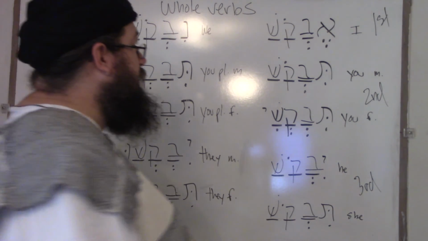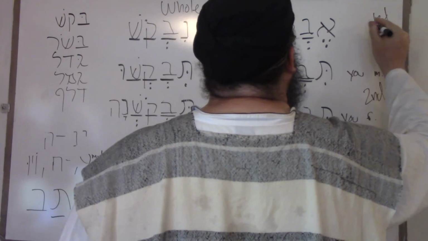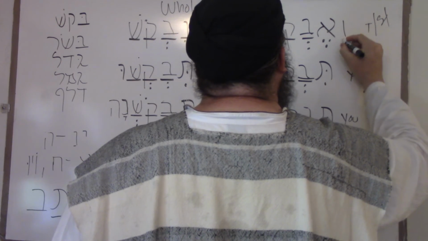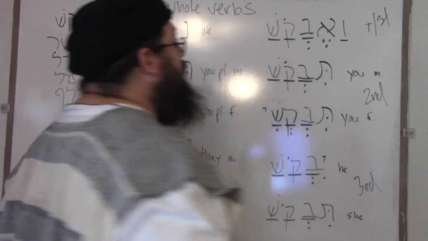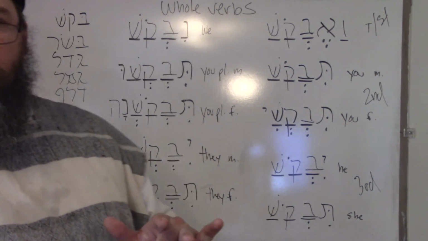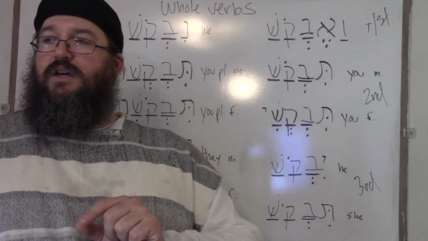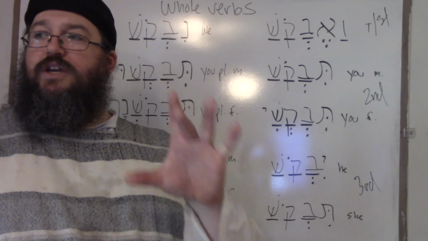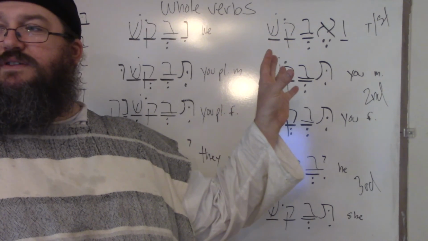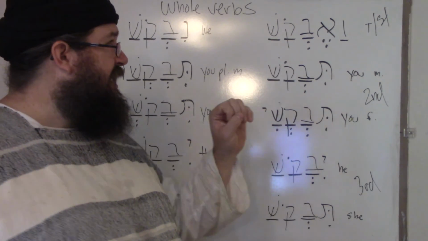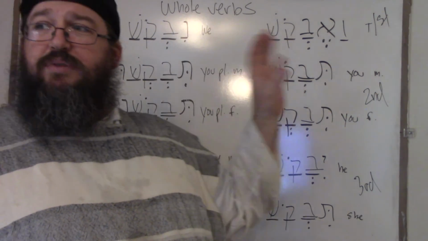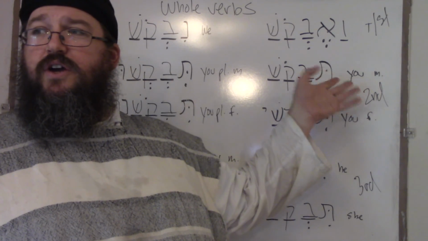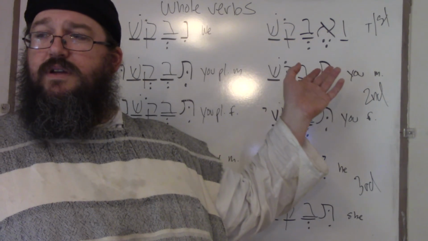So if I was to take here, for example, the Vav here and put the patach, I know that if I've learned anything with regard to the issues of vowelizations and stuff, that there are things that take place with regard to vowel sounds. Okay?